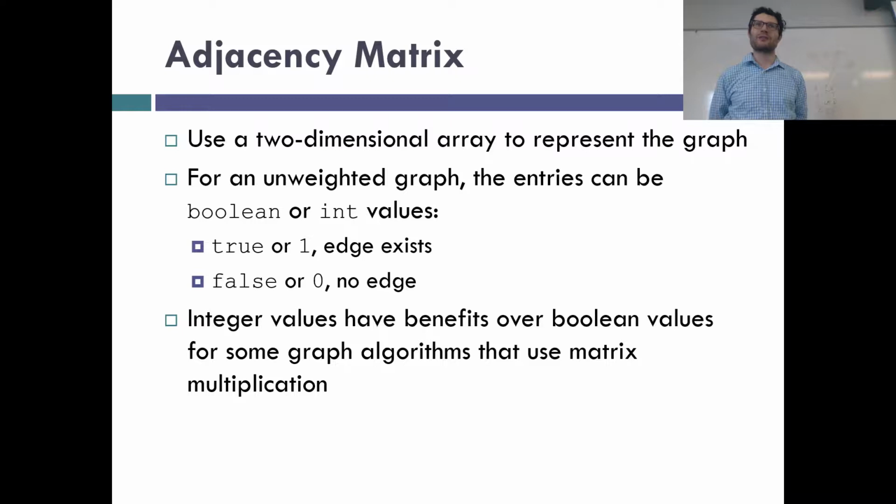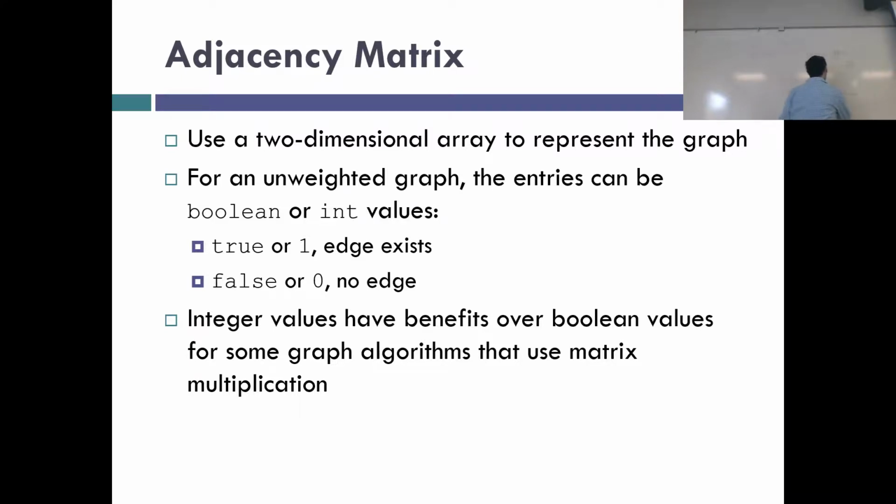Because if you've got an array of zeros and ones, a mathematician looks at that and goes, I wonder if I can do matrix operations on this thing and get useful information out of it. And sometimes they do. So here we would use a matrix, and it would look like this for an undirected graph.